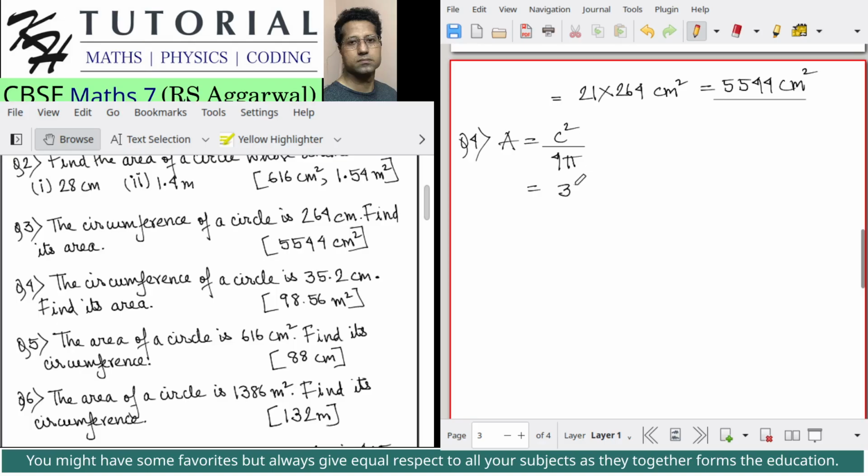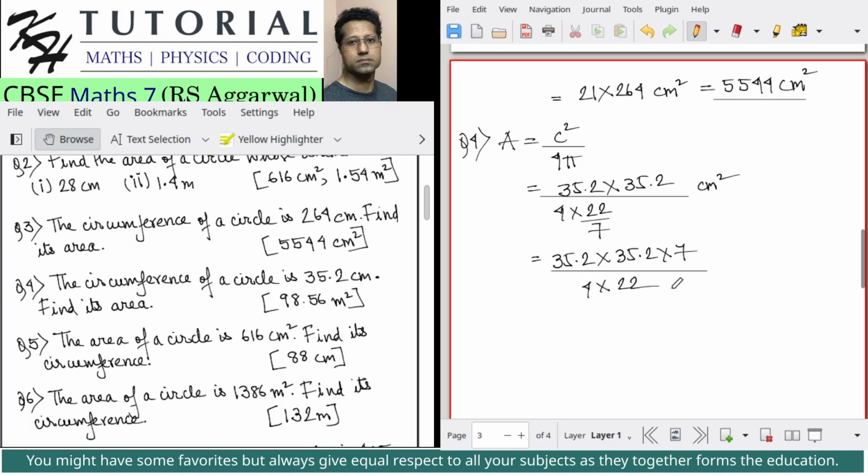So this is 35.2 multiplied by 35.2 divided by 4 multiplied by 22 by 7. This much centimeter square. Okay, so this is equal to 35.2 multiplied by 35.2 multiplied by 7 divided by 4 multiplied by 22.